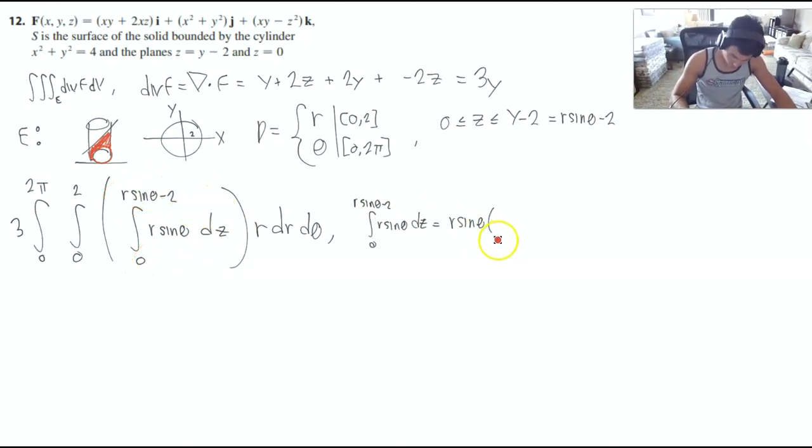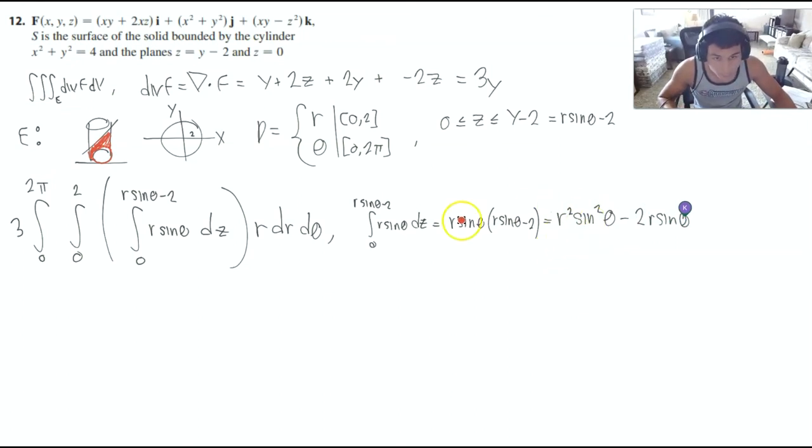So r sine theta minus 2. And we'll write this out as r squared sine squared theta minus 2r sine theta. Right, so we're just distributing it out.